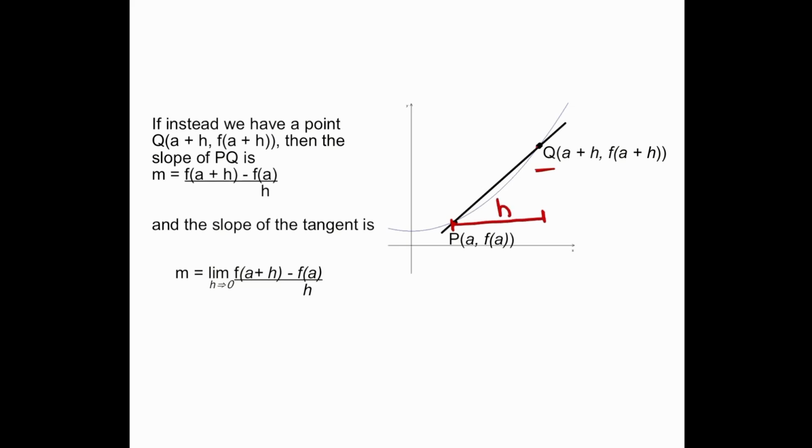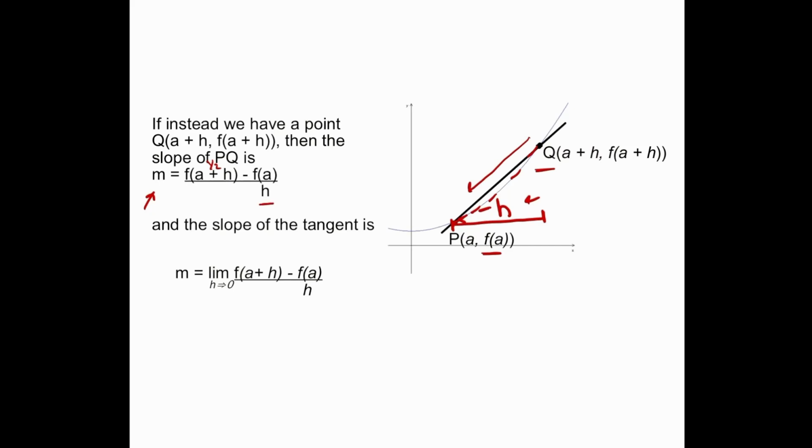So as q gets closer and closer to p, the h values are going to get closer and closer to being 0. So we can use this relationship in this shrinking h value to determine the slope by using our f of a plus h, which is our y2 value of this q point getting closer and closer, minus f of a, which is our original y value of point p, all over that distance h.